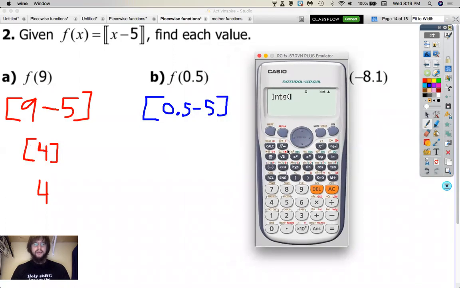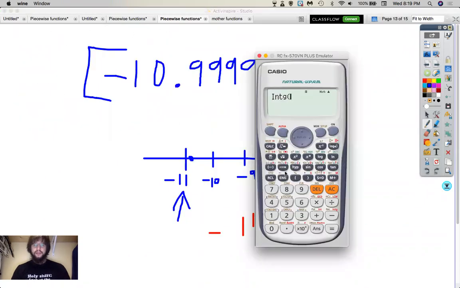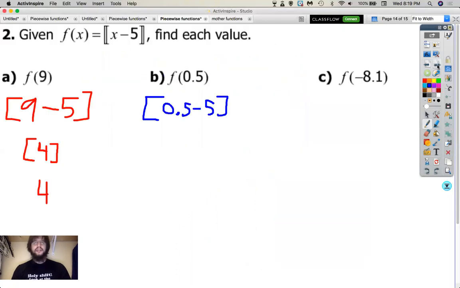And if you type that in, let's go back to what we already did. Hey, let's do this one. -10 point... You get -11. There you go. So greatest integer function, I guess that's what the G is for, greatest integer.